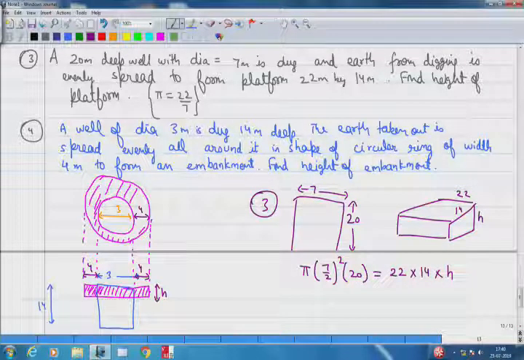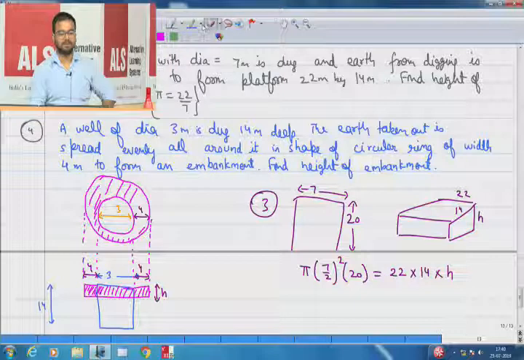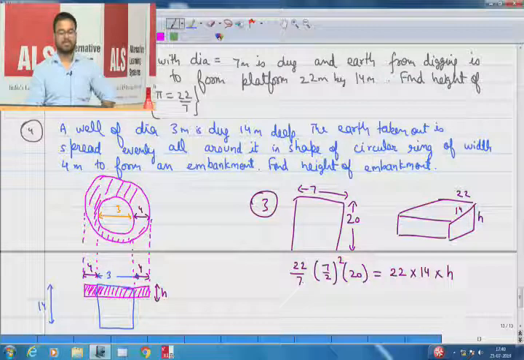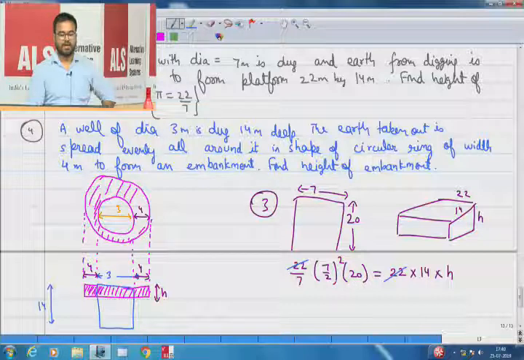Now you can also use pi as 22 by 7. So let's write 22 by 7 here. Now just see, most of the things will get cancelled out. This 22 and 22 will get cancelled out. And we can write 7 by 2 whole square as 49 by 4, times 20, is equal to 14h.